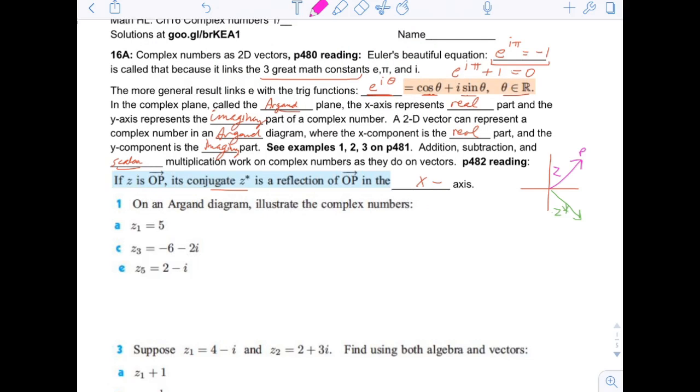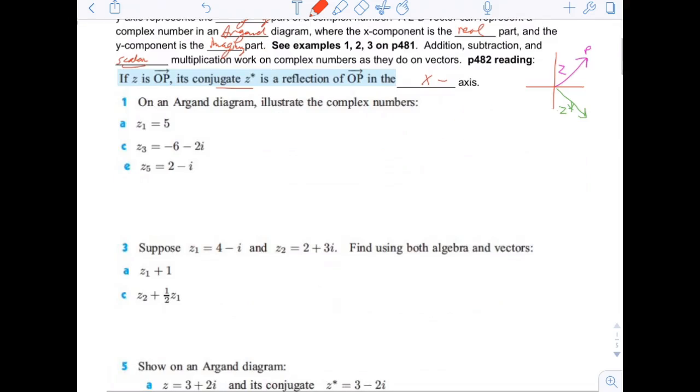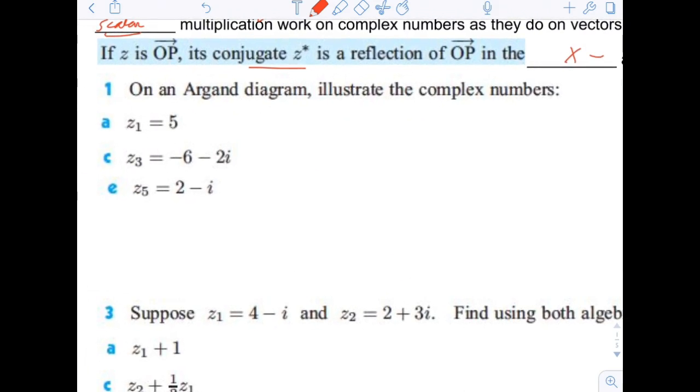Okay, so the first thing we're going to do is, on an Argand diagram, illustrate the following complex numbers. So I am going to draw a sketch of the Argand plane here, and let's draw 1, 2, 3, 4, 5, 6 in each direction.